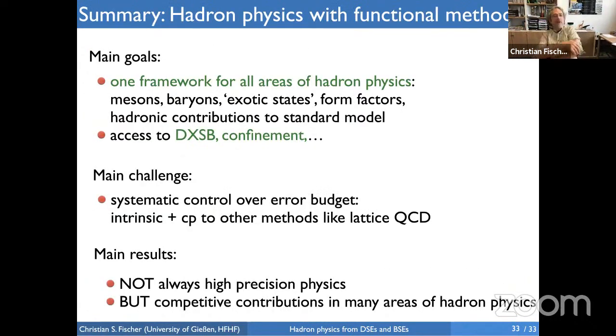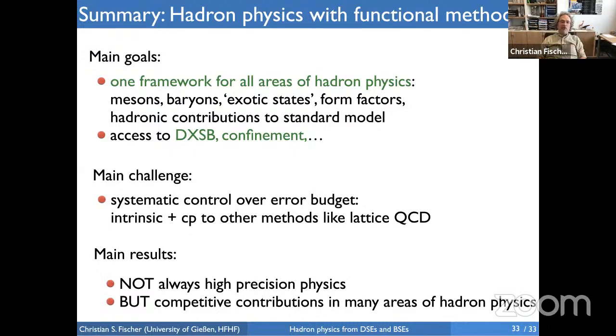So let me come to my summary. We've made a tour through several areas of hadron physics, dealt with functional methods. And what I really like with this functional method framework is that it's one framework for all areas of hadron physics.